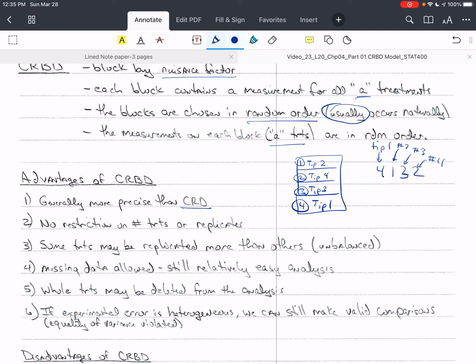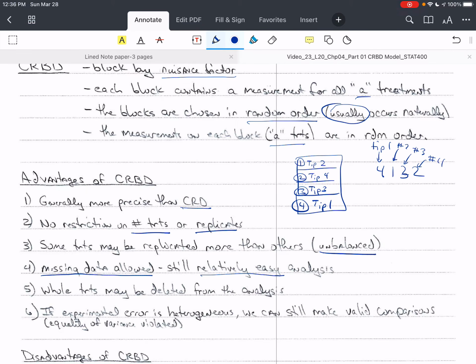So we'll take the variation out of that. There's no restriction on the number of treatments or replicates, okay? Some treatments may be replicated more than others. We may have an unbalanced design, and that's okay. We can do that. Also, we can handle missing data, and the analysis is still relatively easy.